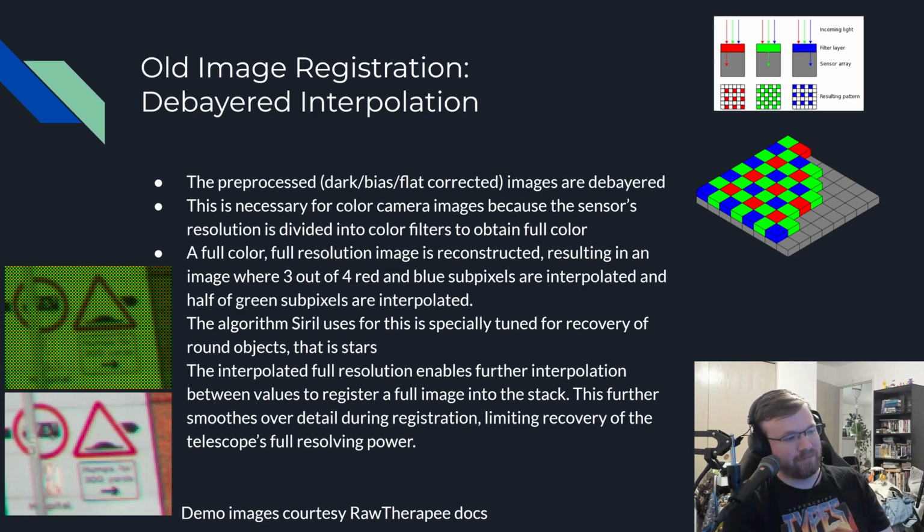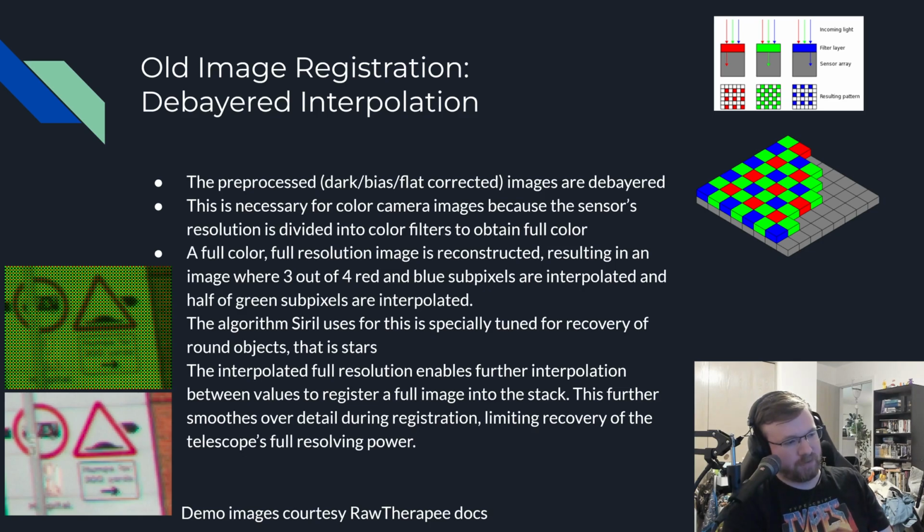The algorithm that Siril uses for this is specially tuned for recovery of round objects. It's aware that it should be preserving round details like stars, and uses debayering to try to interpolate and guess what should be between red pixels for creating round objects.